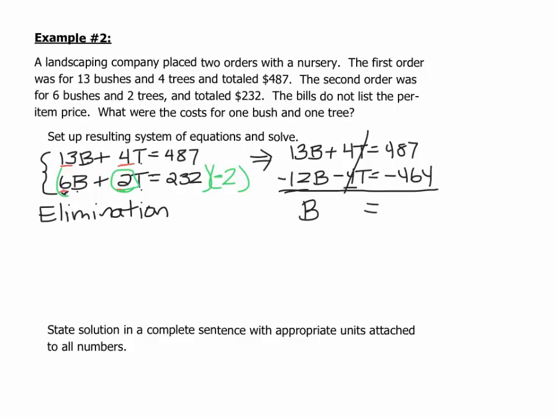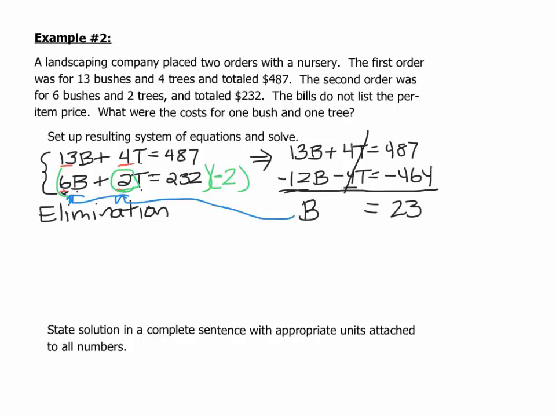And the 487 minus the 464 gives me 23. So I've actually solved for the variable b. Now, to find my other variable, I still need to find t, so I can take my b and plug it into either of my equations and solve for my t.